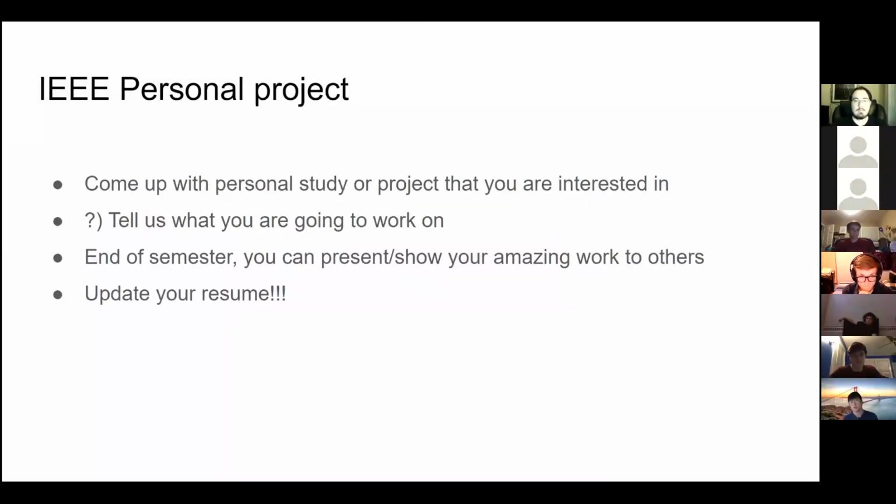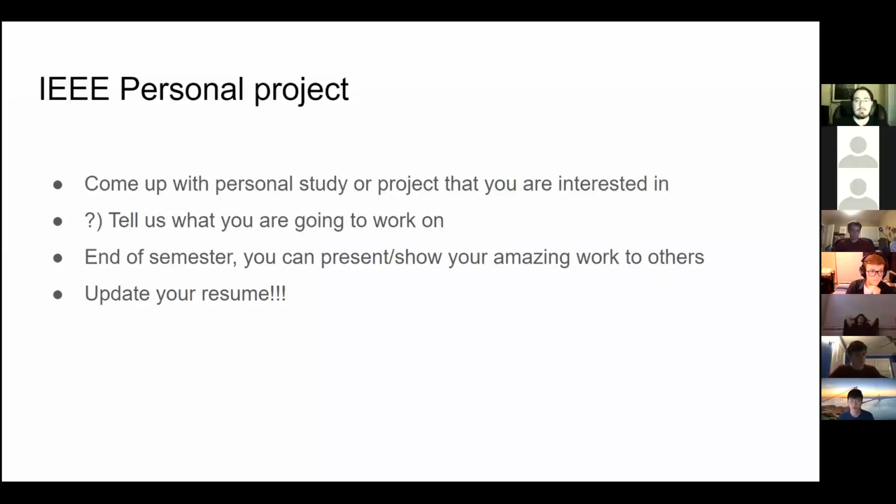So we're launching the IEEE personal project. Those who want to participate have to come up with their own personal study or personal project that you are interested in. You tell us that you want to work on a personal project, and we can check that you have a personal project.